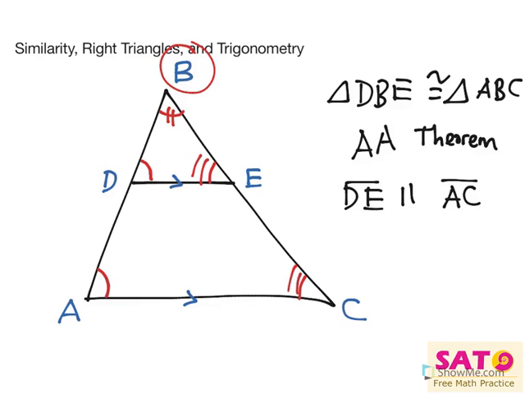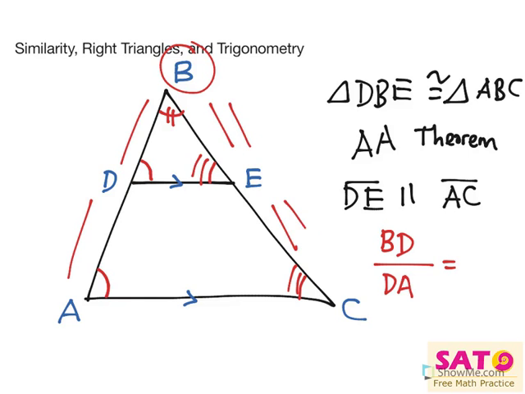And that means that side BD over side DA is equal to side BE over side EC.